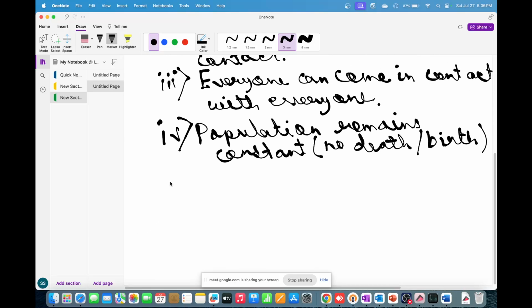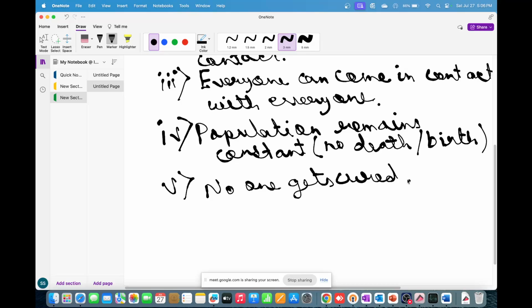And the final and another very important assumption that we make is that no one gets cured. So say, for example, an uninfected person gets infected from another person, but that person will remain infected for the rest of the time period that we are interested in.